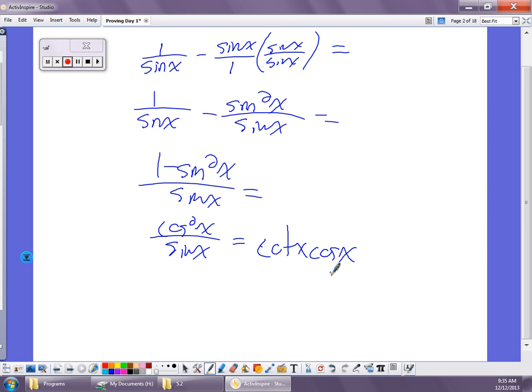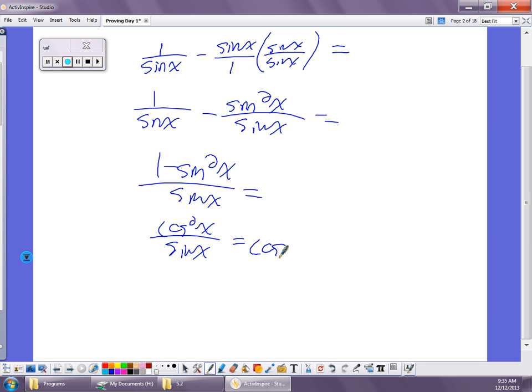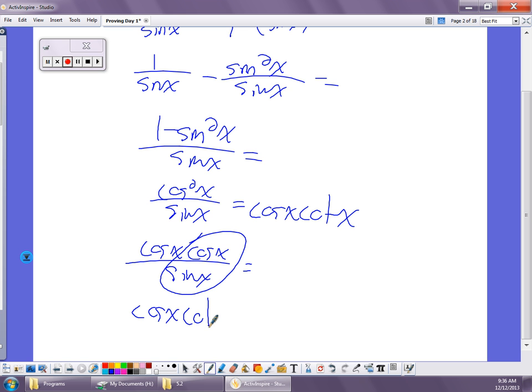I mean, it doesn't matter. Cosine, cotangent. Doesn't matter. Good. So that would just be cosine x over sine x. Any ideas now? Cosine over sine is cotangent. So that would be now cosine x times cotangent x. And we've done it.